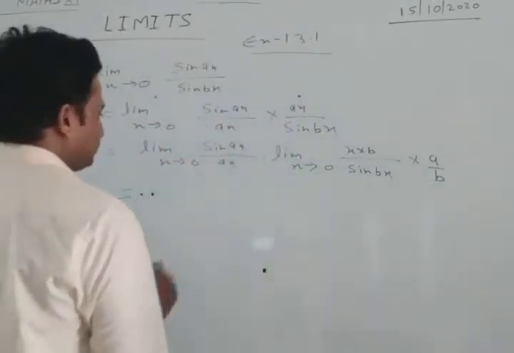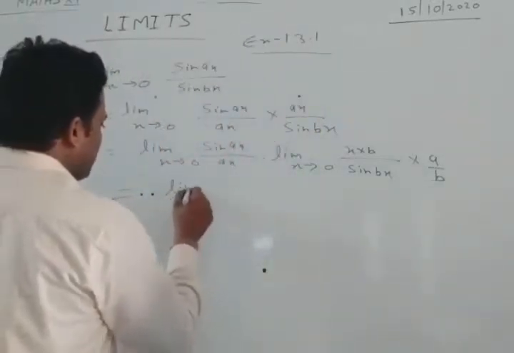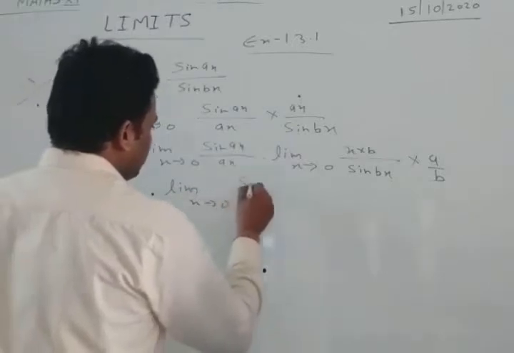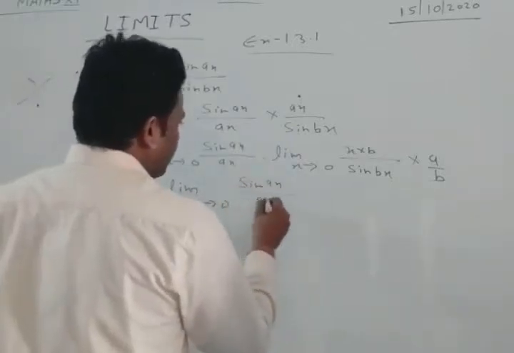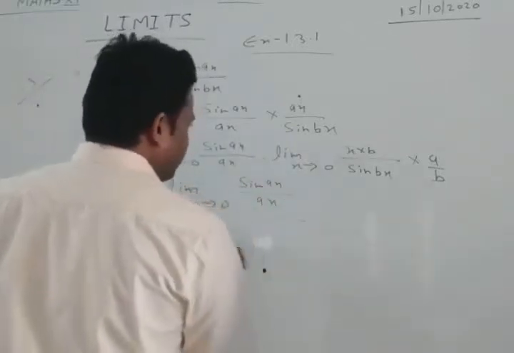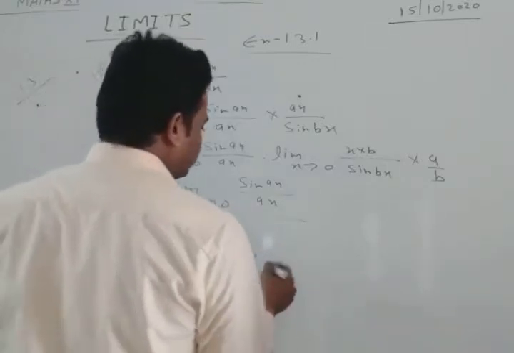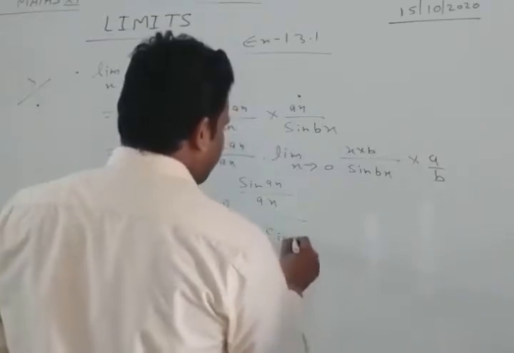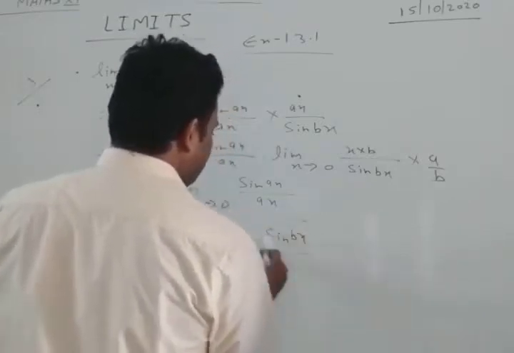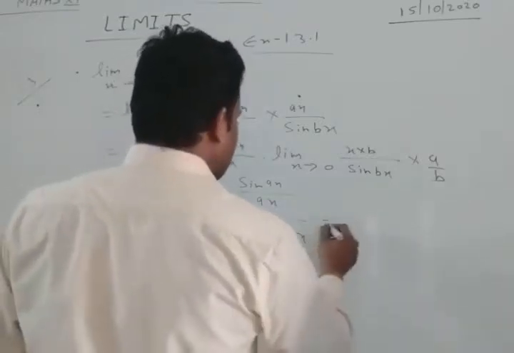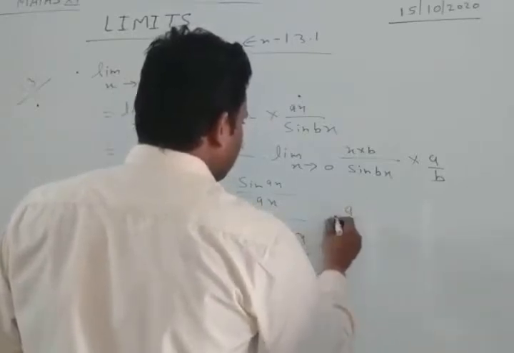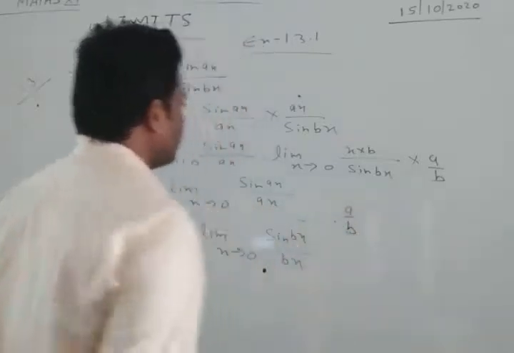So limit x tends to 0 of sin ax by ax, and we can write this limit x tends to 0 of bx by sin bx, and this will be into a by b.